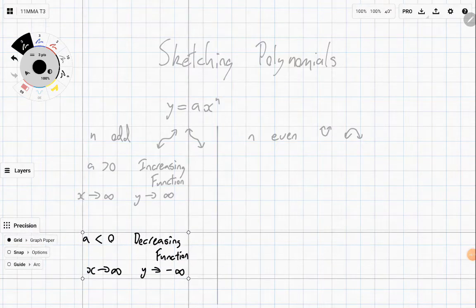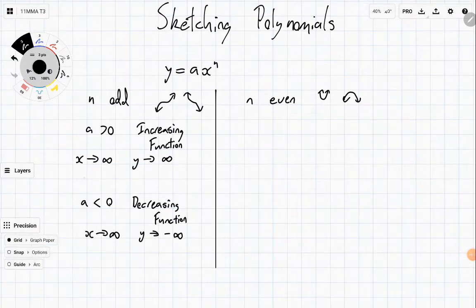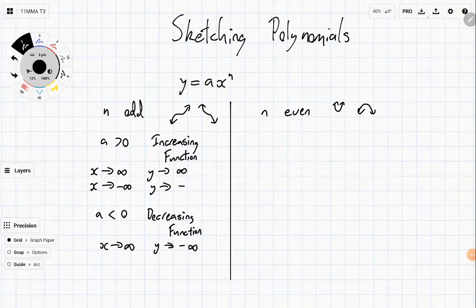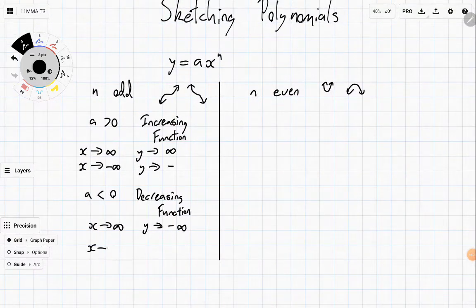Alrighty, so then as x goes to negative infinity, well, y is going to go to negative infinity, right? Because it starts low, ends high when a is positive. When a is negative, though, it's reversed. As x goes to negative infinity, y goes to infinity. Starts high, ends low.